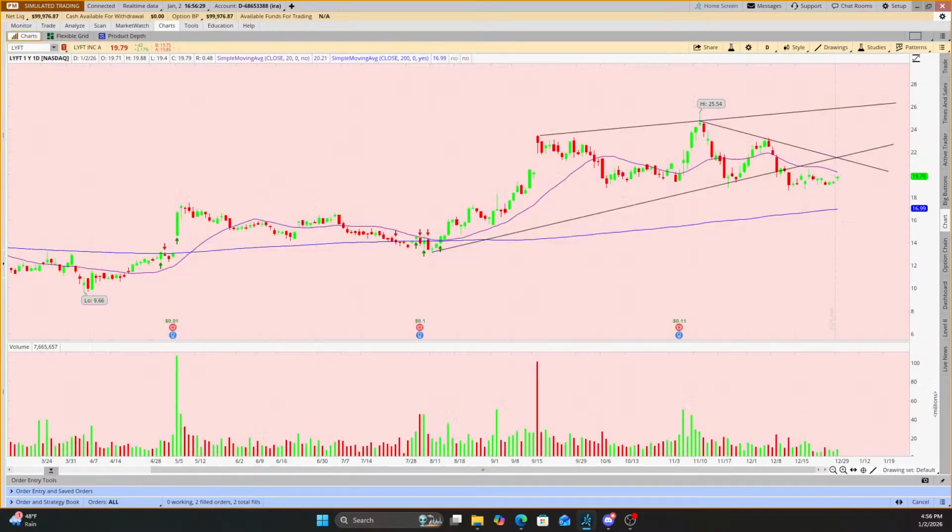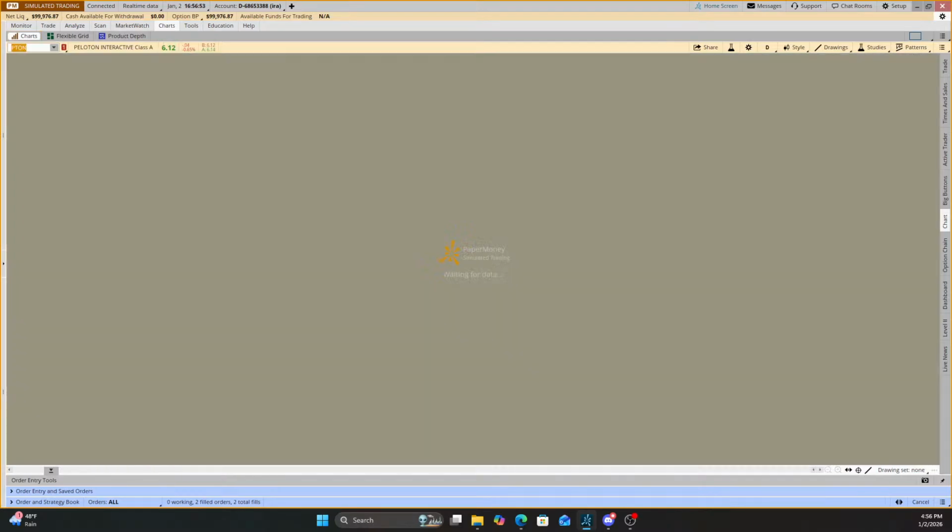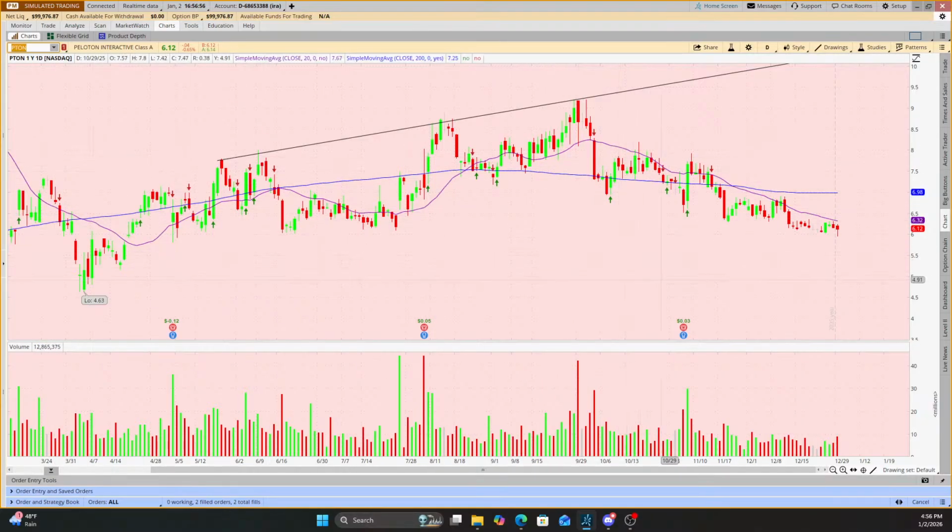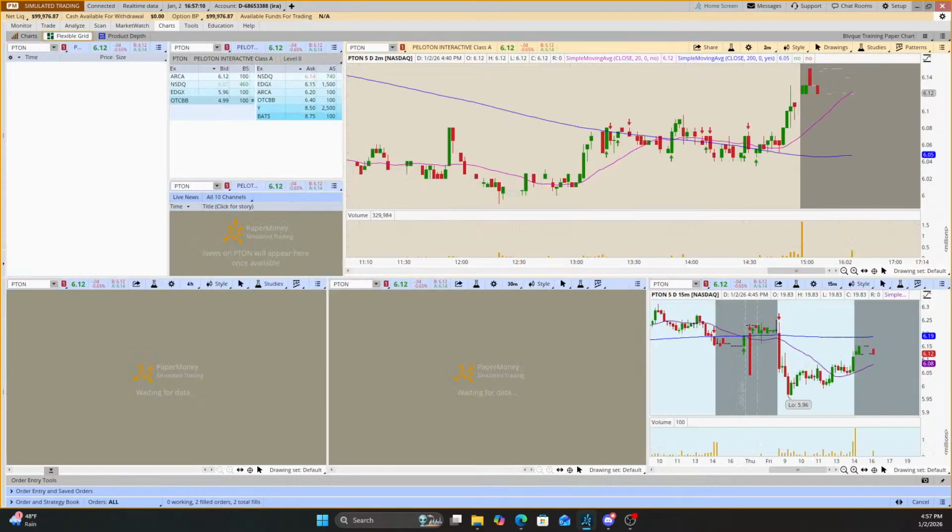Now, at a bigger scale, this was where we are now. We're going to wait. Okay, let's look at Peloton. This one is tricky, but let's go look.